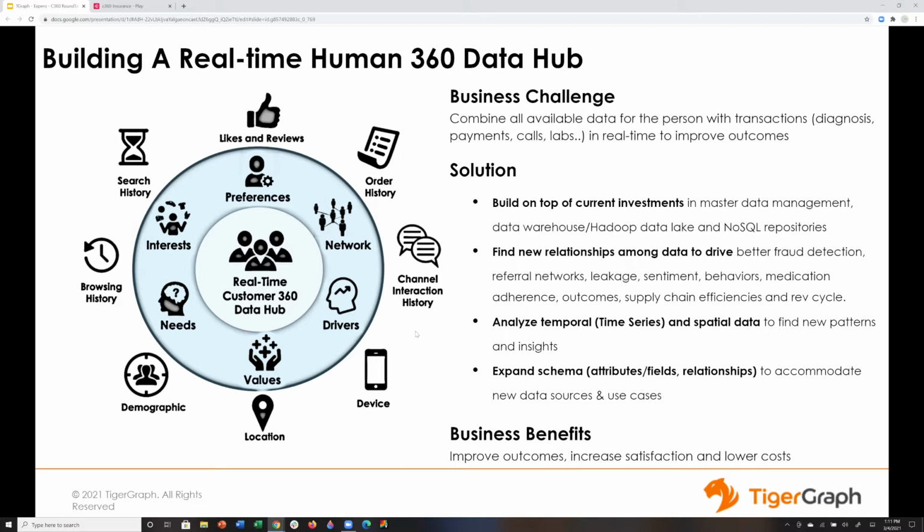We can leverage existing investments. This is an evolutionary approach, not revolutionary. We're not asking anybody to throw anything away. We're asking to make the answers much, much better. And so that means that we can find new relationships. We can analyze time series and geospatial data. We can expand and grow our schema in real time. But the net is the business benefits of this approach can uniquely improve the outcomes, increase satisfaction, lower costs, and reduce risk. Next slide, please.